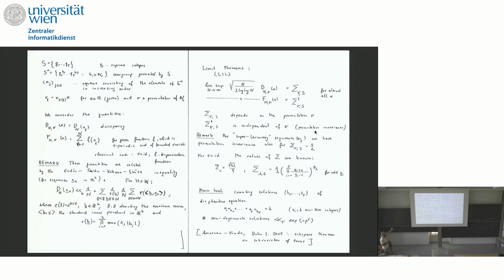The proofs depend in most cases on exponential sums and estimates for exponential sums. I wrote here one of these basic inequalities. This is the Erdős-Turán-Koksma inequality, an extension of the Erdős-Turán inequality in one dimension.